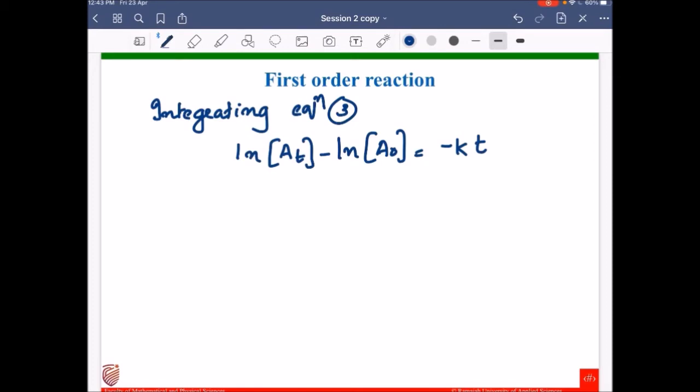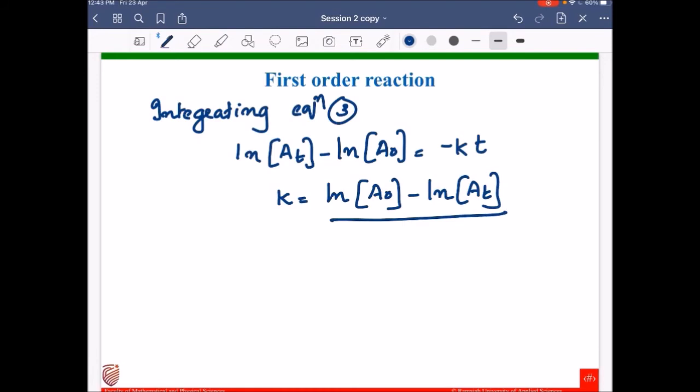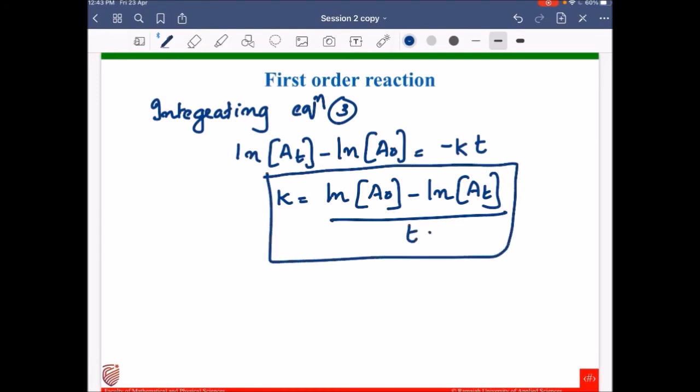If I rearrange this equation for k, the equation will become k equal to ln A0 minus ln At divided by t. So this is the equation for the rate constant for a first order reaction.